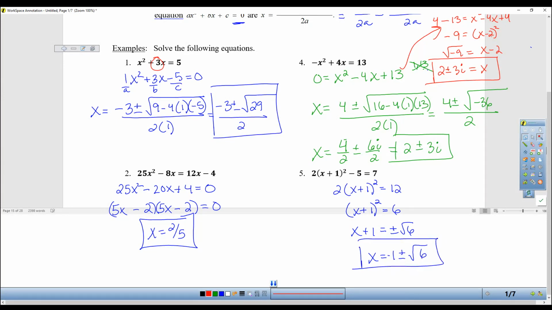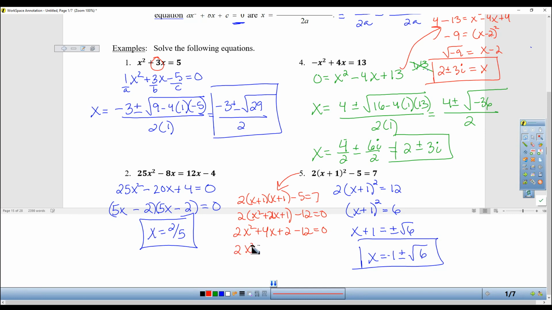Okay, let's see that one by quadratic, unless I've convinced you, and then you're welcome to fast forward. But look at this. X plus 1 times x plus 1 minus 5 is equal to 7. 2 times x squared plus 2x plus 1. I'm going to bring over the 7. 2x squared plus 4x plus 2 minus 12 is equal to 0.